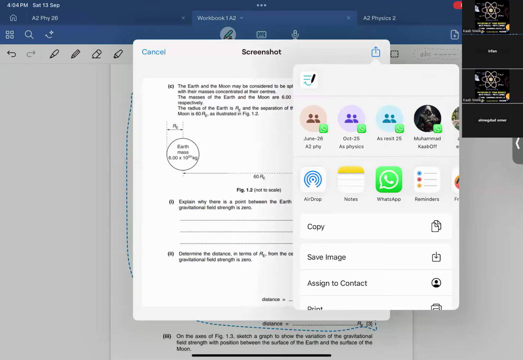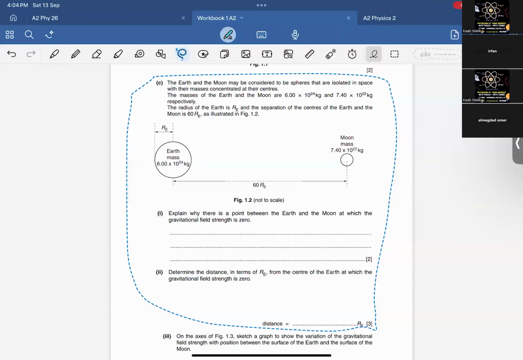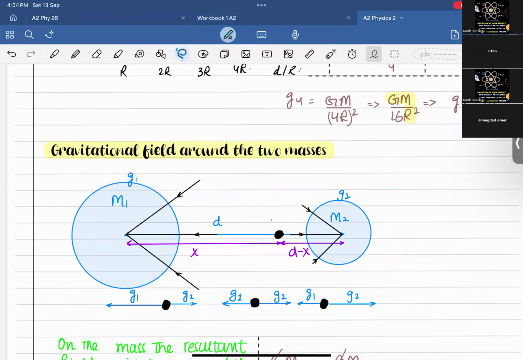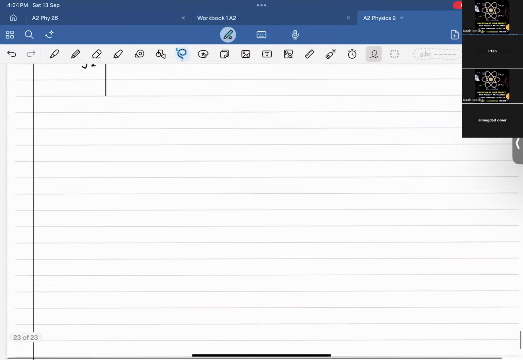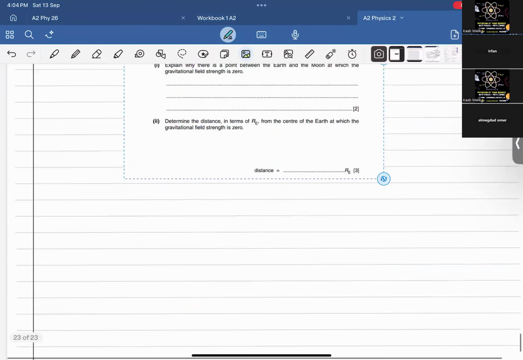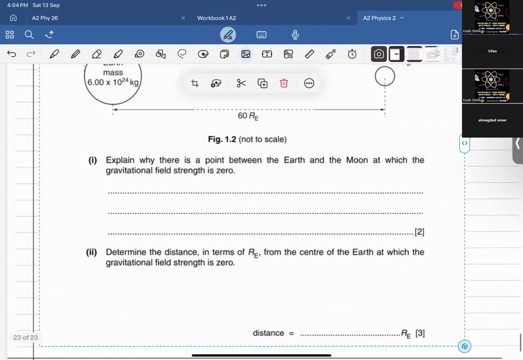Copy. And here it is 2010 November 41. Now let's try this. Paste. Perfect.